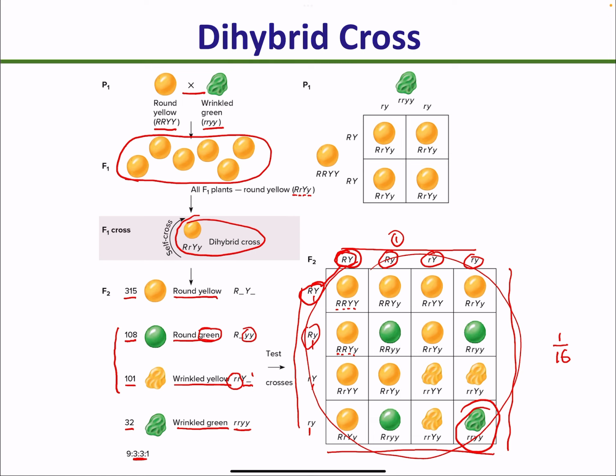And then the most abundant, the round and yellow, are going to be 9 out of 16. So these proportions are going to occur for a dihybrid cross.